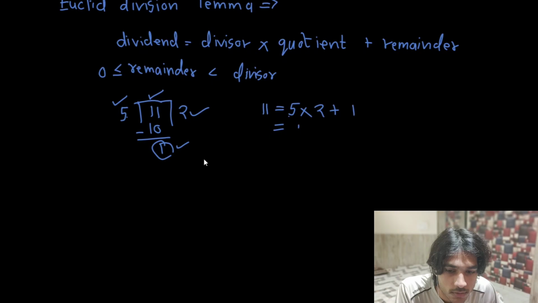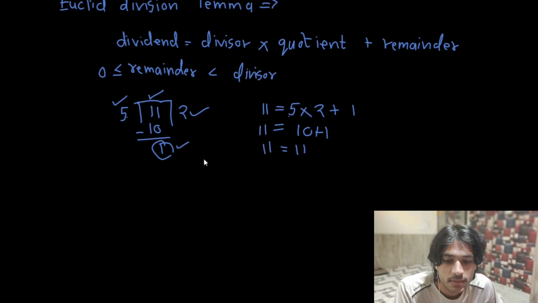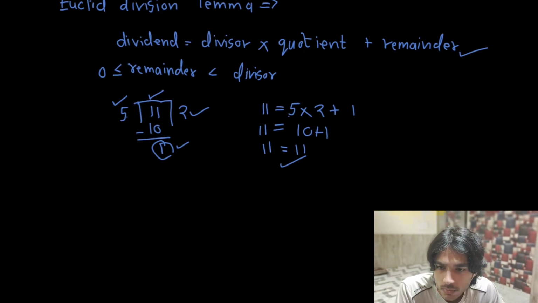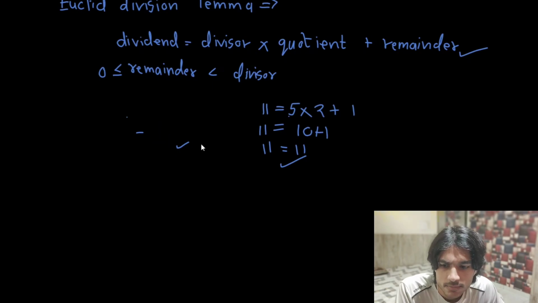So 5 2s are 10, plus 1 equals 11, and on the left hand side there is also 11. That means that this lemma holds true. So this is simply what Euclid's division lemma is.